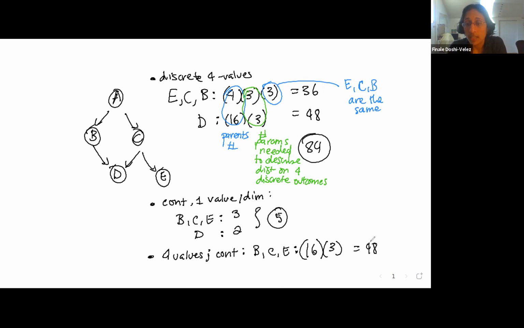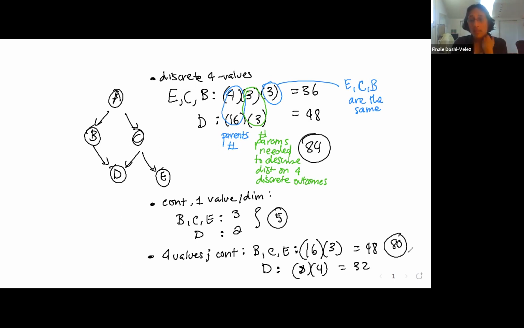That's going to give us 48 for those. But D is not going to be too bad because D now has 8 parents, right? That need to be turned into 4 values for 4 dimensions. For D, that gives us 32. We put those together, we get 80.